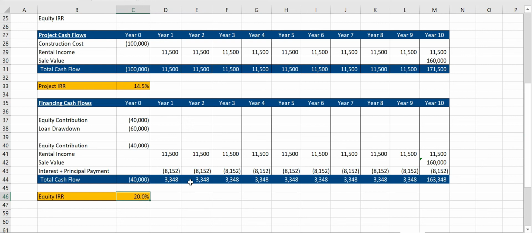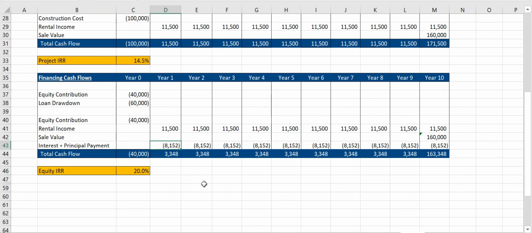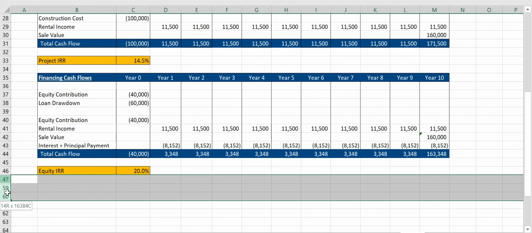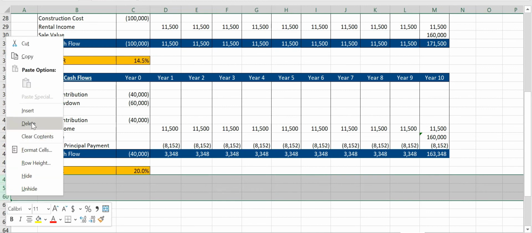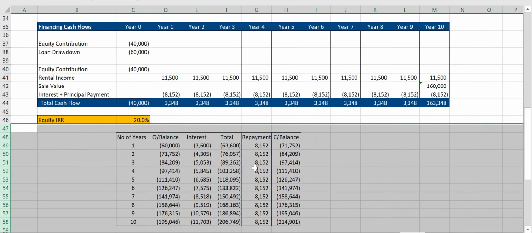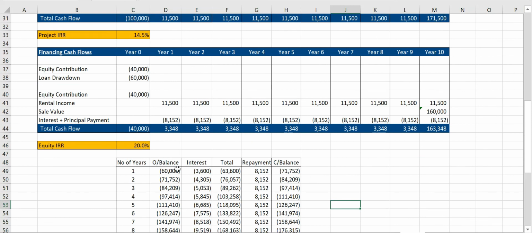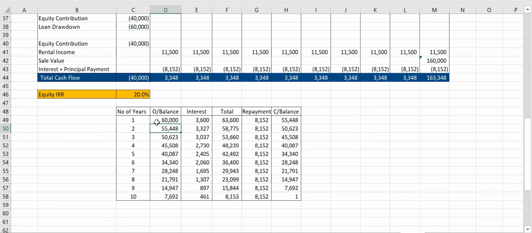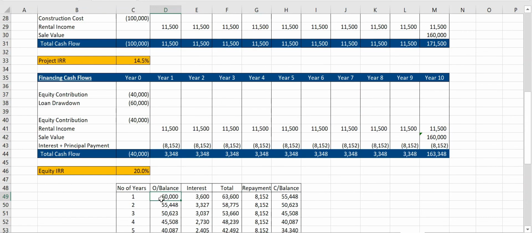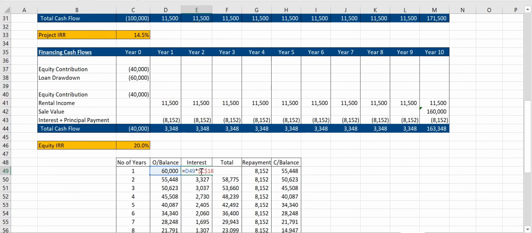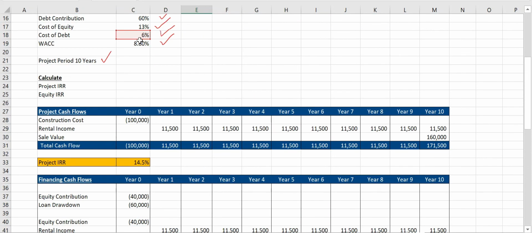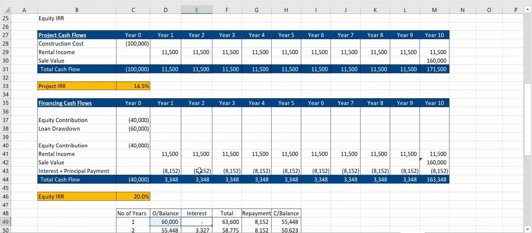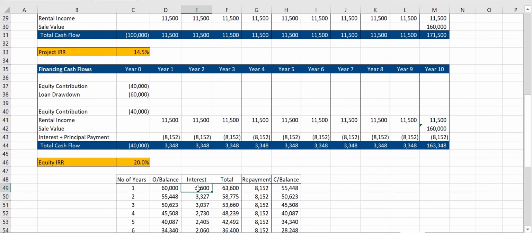Now as I told you, to calculate the PMT, I have already prepared that schedule. I'll show you. The opening balance of the loan amount is 60,000. On that, when you calculate the interest at 6%, it will be 3,600.